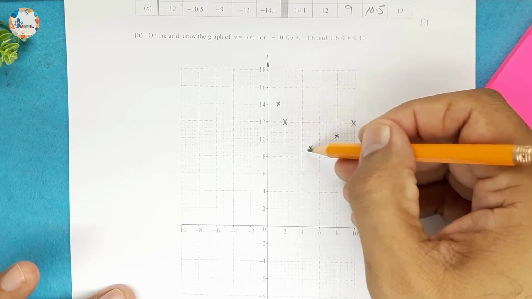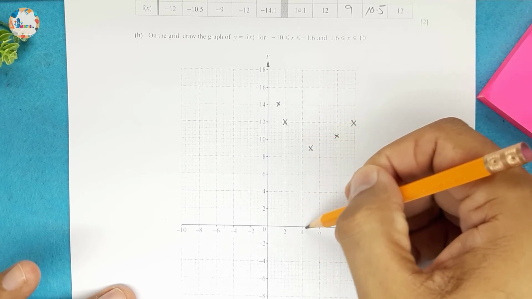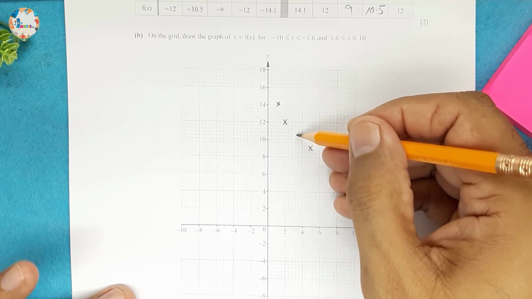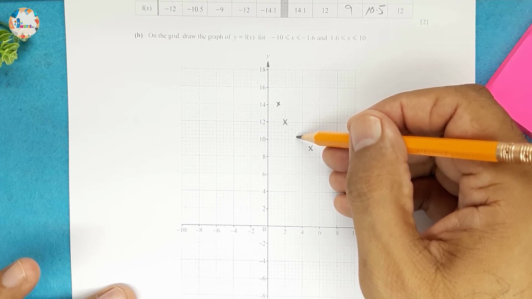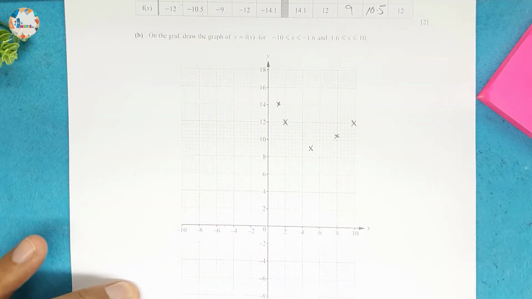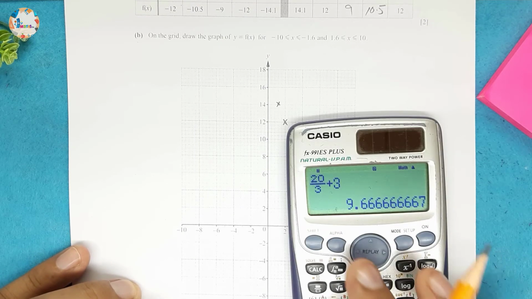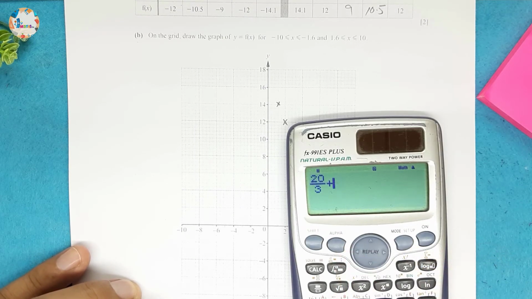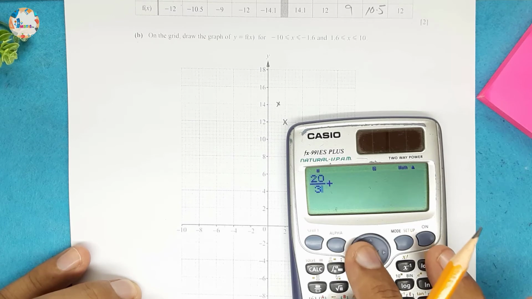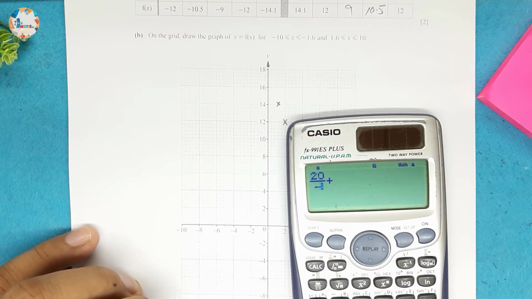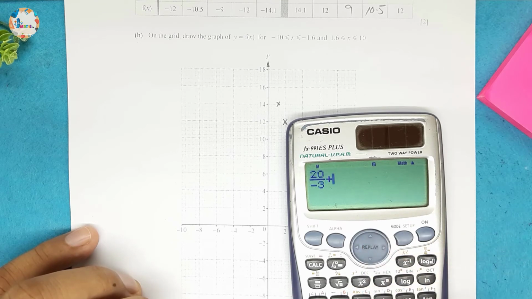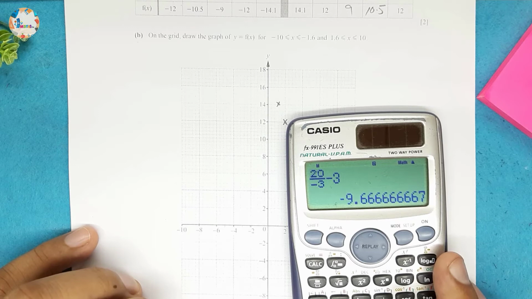Similarly, for this value also we have to check in between. This one will be the value of 3. So we have to put -3 for that one. For this one we have to replace with -3, which we have checked for this. If we replace with -3, this will be -9.6.